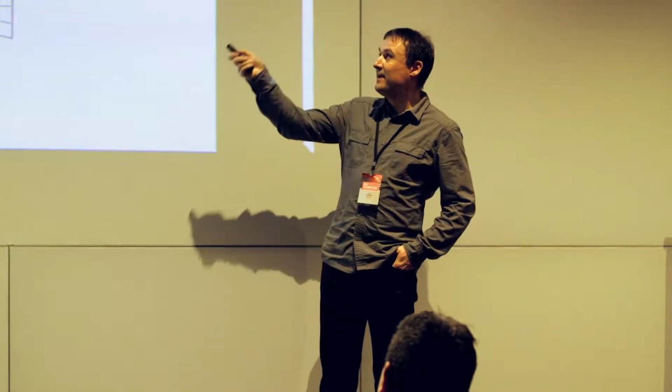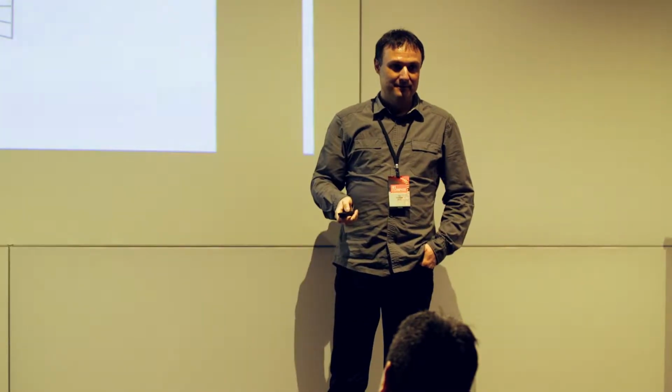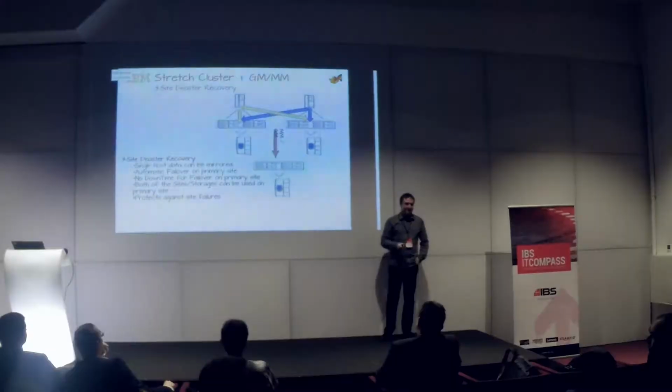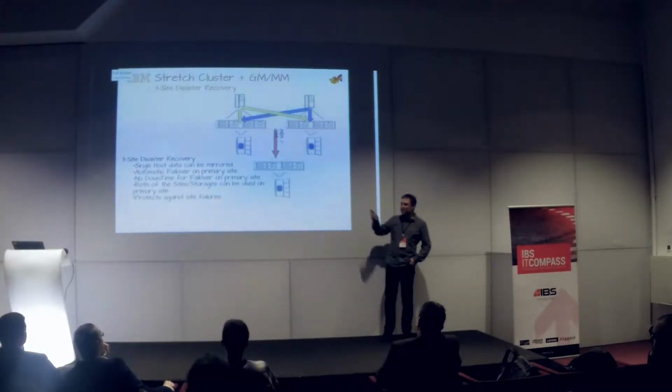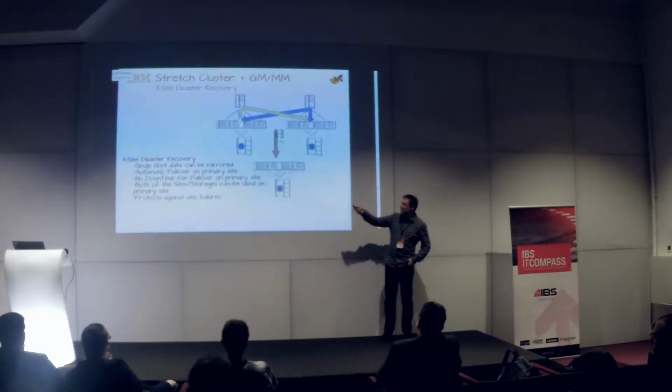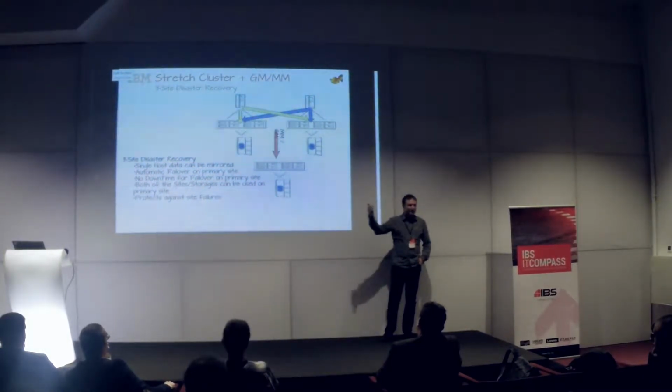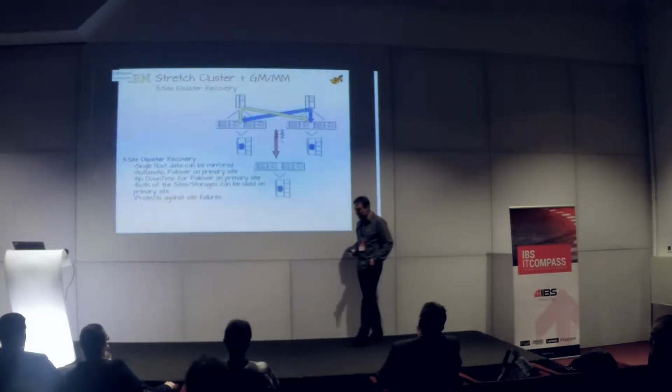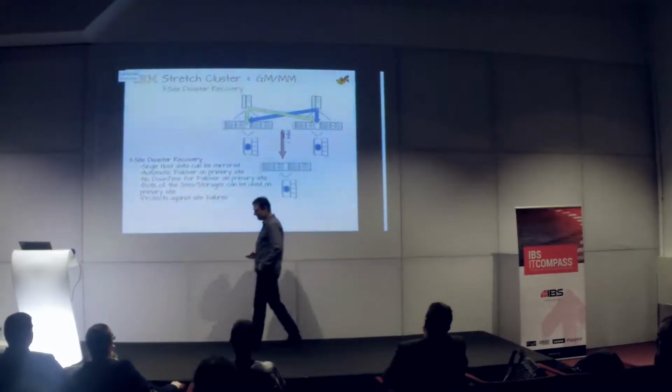You make yourself HA locally, and you make your disaster recovery, because you don't want to go to disaster recovery just because of one component failure. You can have disaster recovery like this, but that means every time the storage system goes down, you will go to the disaster site. So this makes disaster management much easier.